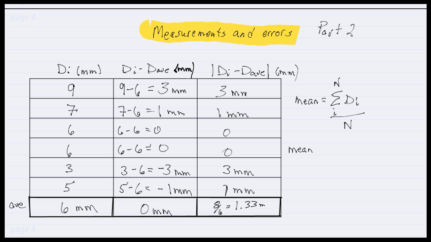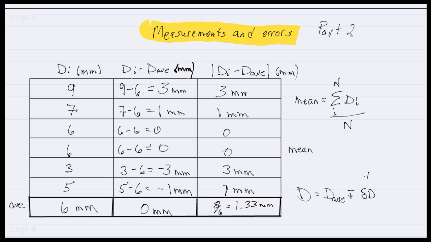It's 1.33 millimeters. This number, the 1.33, is what we call the average deviation, and we can express our measurement D that we're going to use in our calculations as the average plus or minus the average deviation.